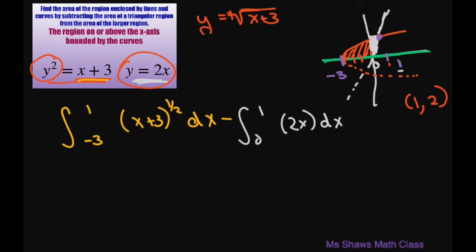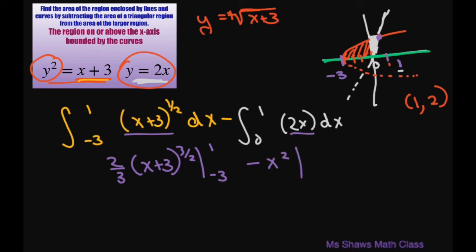The rest of the integration should be pretty clear. For this one, you're going to get 2/3 times x plus 3 to the power of 3/2, evaluating from negative 3 to 1. And then minus, for this one, it's just x squared, evaluating that from 0 to 1.